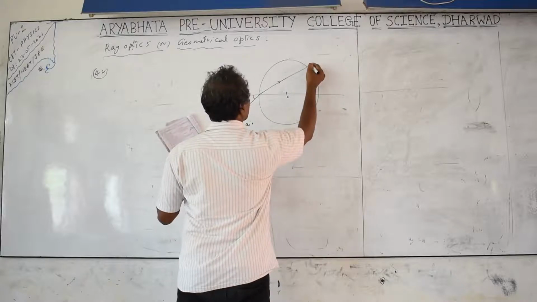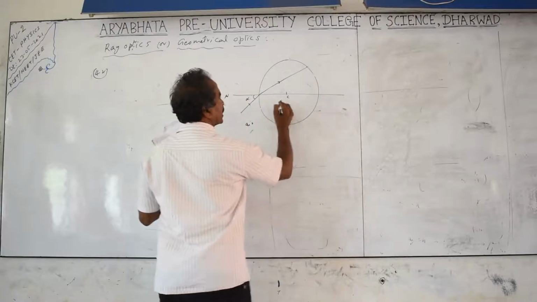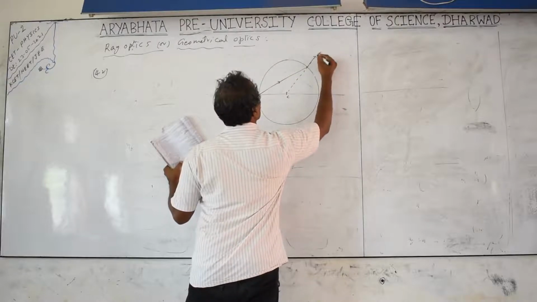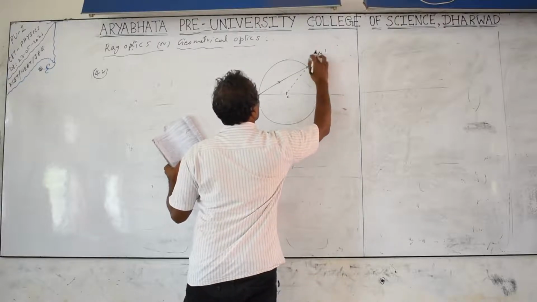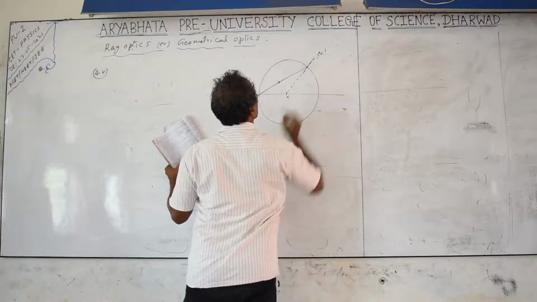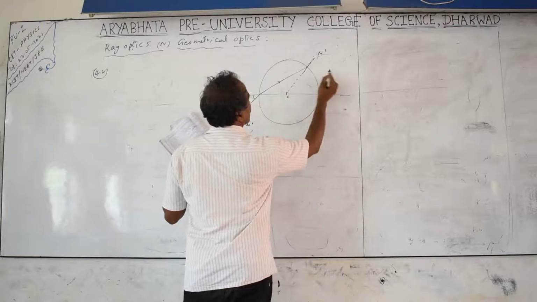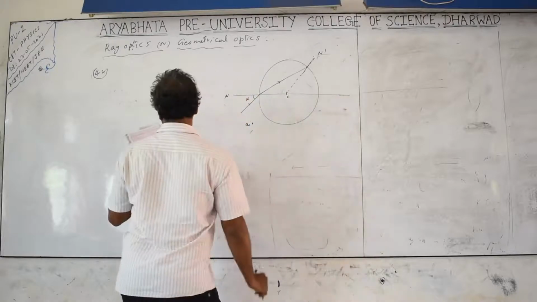After falling here, again you take the normal. The normal is a line passing through the center always. After falling on this place, it is again going from denser to rarer medium, which means it deviates away from the normal.